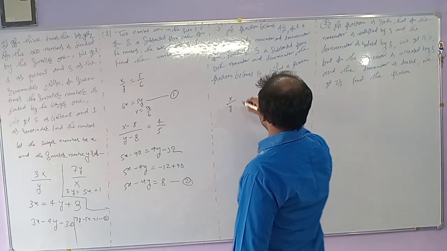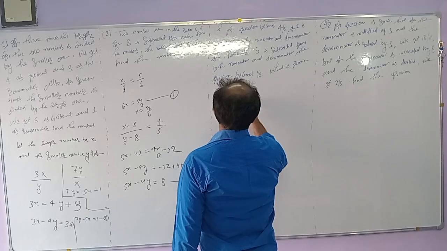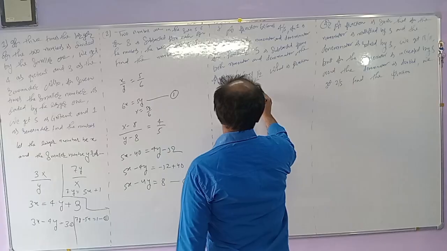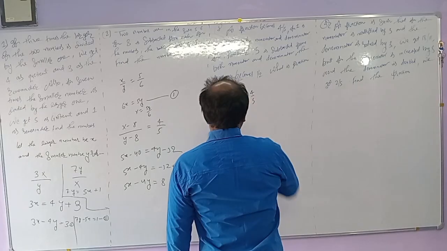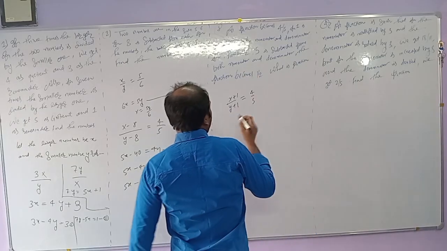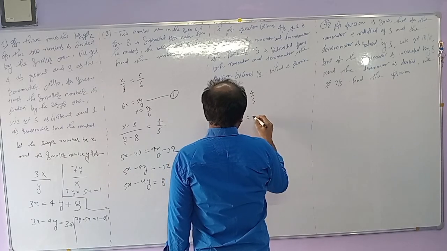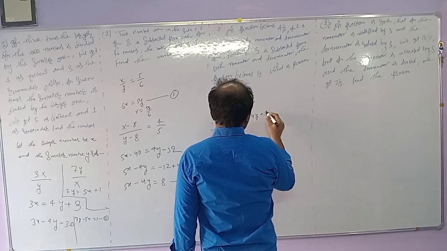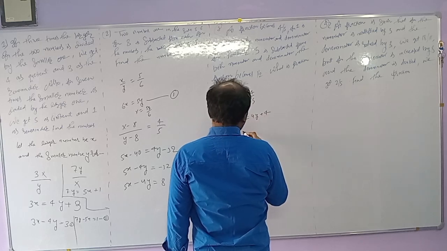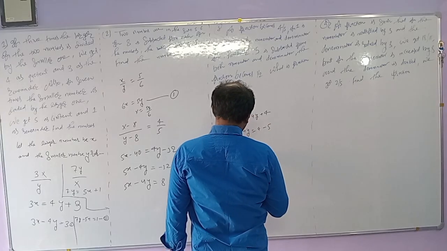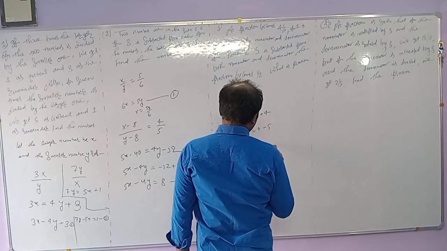If 1 is added to both, the fraction becomes 4 upon 5. When we cross multiply, we get 5x minus 4y is equal to 4 minus 5. That is 5x minus 4y is equal to minus 1.